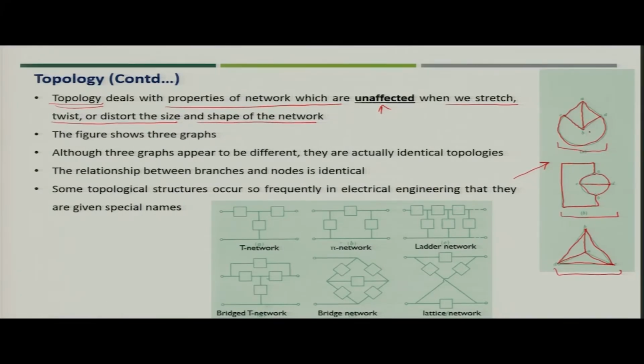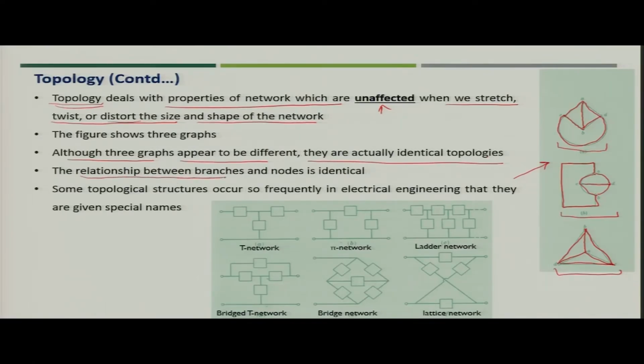You can understand the topology configuration of the circuit and stretch, twist or distort that particular circuit in such a way that it is easier for you to analyze. So, although the three graphs which we discussed are different, they are actually identical topologies.